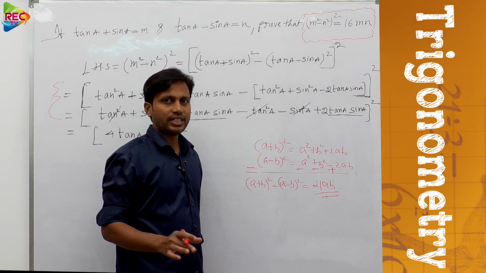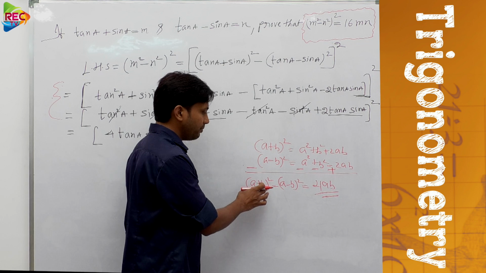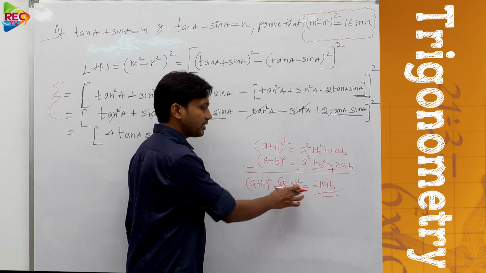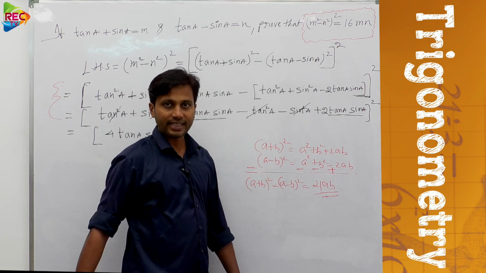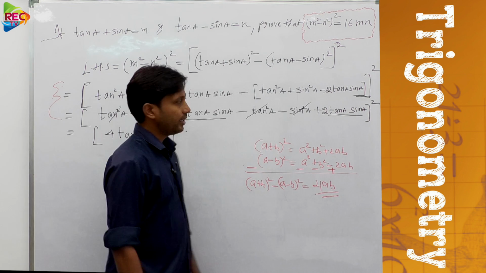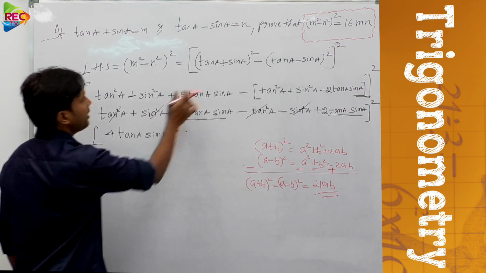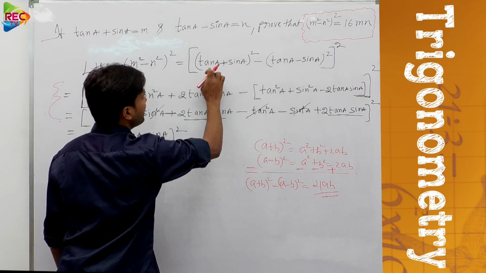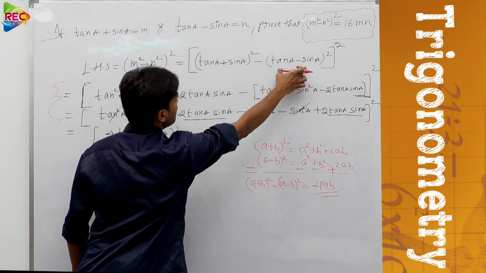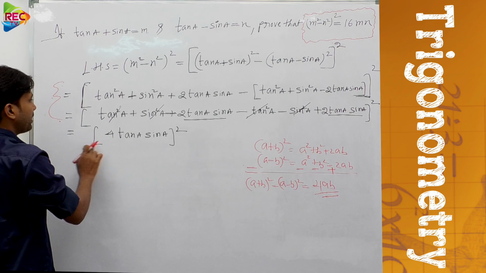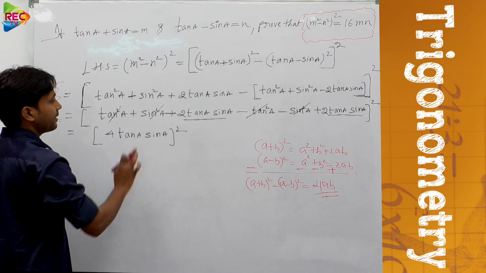Whenever you see expressions of this form, a plus b whole square minus a minus b whole square, straight away you can write 4ab. So you can skip these two steps and write directly. This is in the form of a plus b whole square minus a minus b whole square. From this you can straight away write 4 tan a sin a.